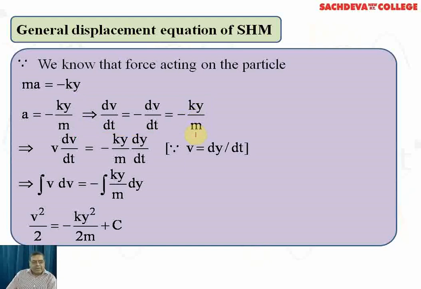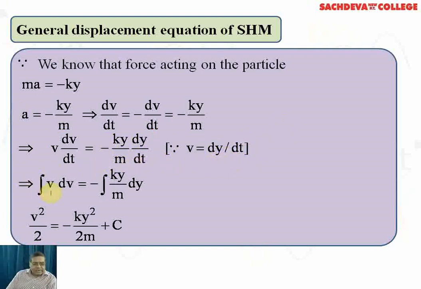So we have written v into dv over dt is equal to minus k over m y into dy over dt, because v is equal to dy over dt. dy over dt means the derivative of displacement with respect to time, which is called velocity.